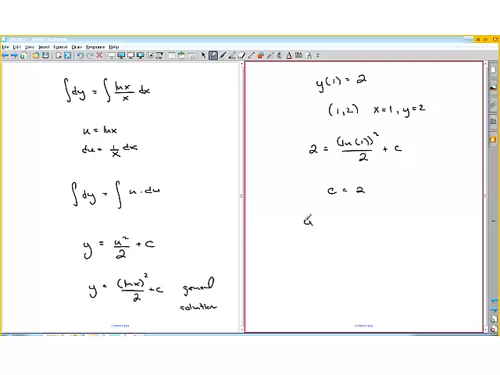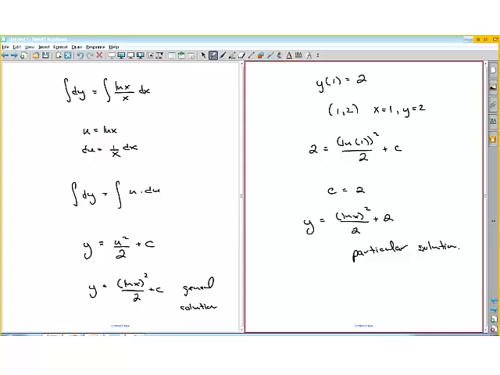So now our particular solution is y is equal to the quantity natural log of x, squared, divided by 2 plus 2. This is our particular solution, which is particular to that one initial condition. And this is problem number 16.